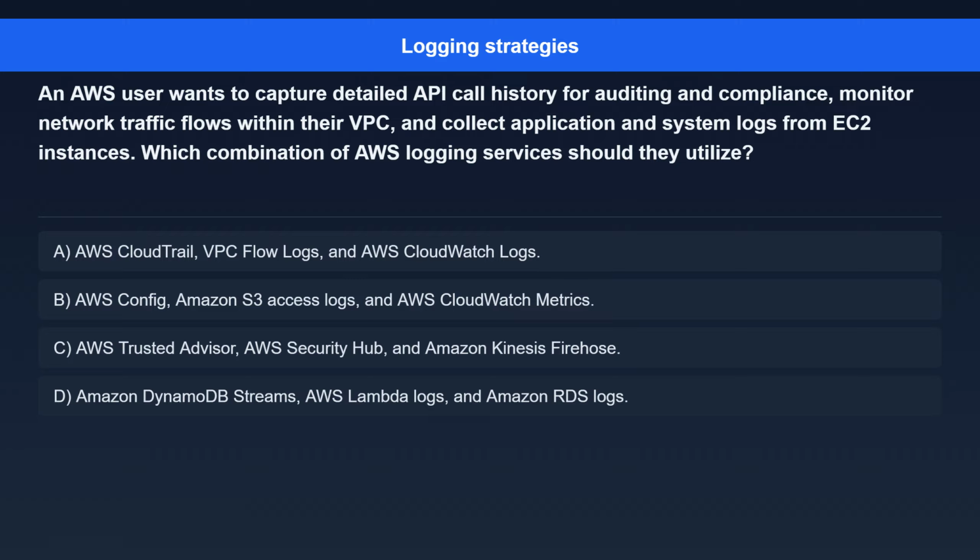Option B, AWS Config, Amazon S3 access logs, and AWS CloudWatch metrics. Option C, AWS Trusted Advisor, AWS Security Hub, and Amazon Kinesis Firehose. Option D, Amazon DynamoDB Streams, AWS Lambda logs, and Amazon RDS logs.